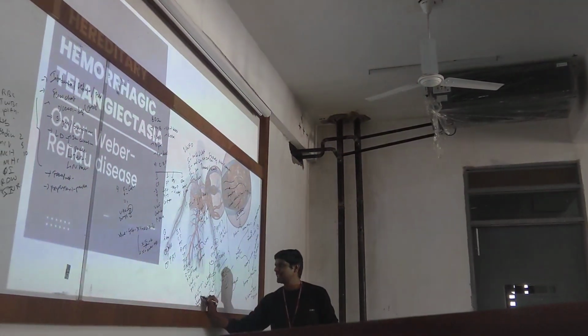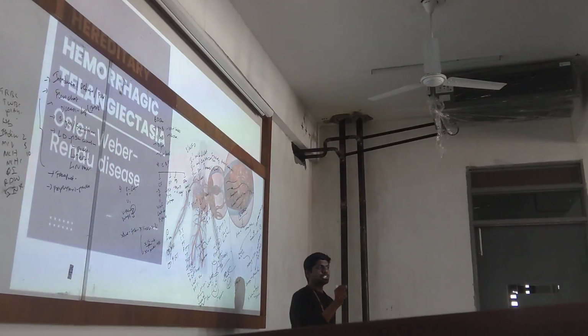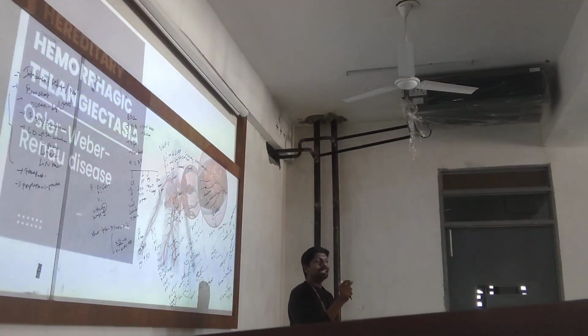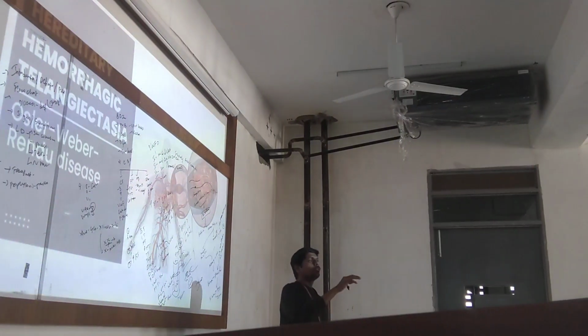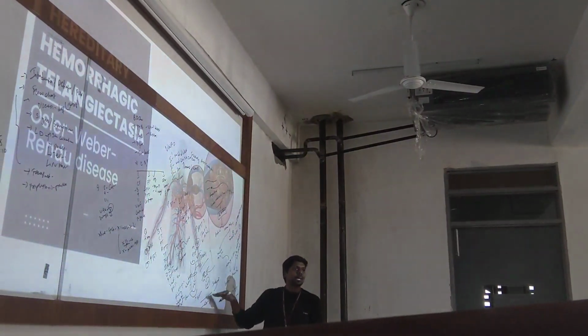What is shear stress? Shear stress is the pressure exerted by flowing blood. When the blood is under flow, it will exert a pressure on the blood vessels. During this pressure, whether the platelets are able to hold the blood or not, whether it can prevent bleeding or not.